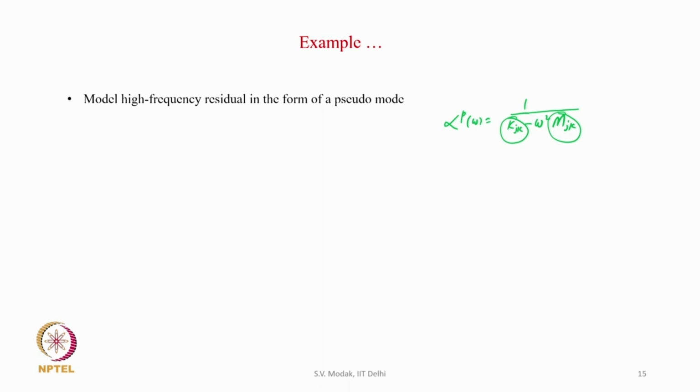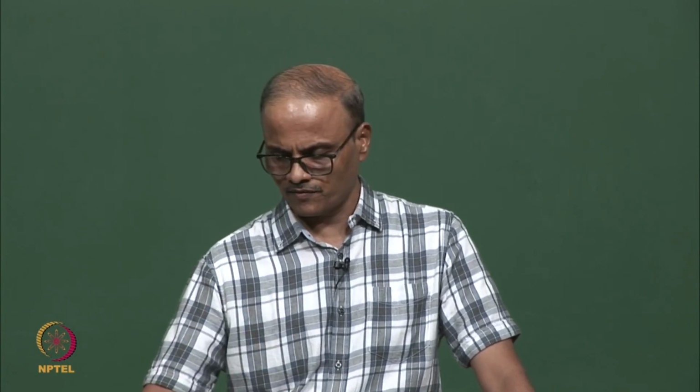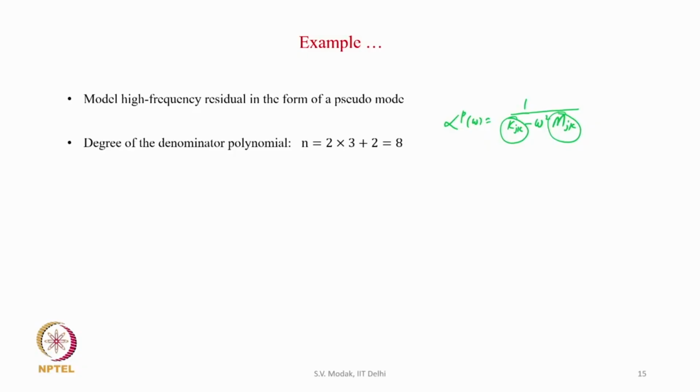Let us now look at what should be the degree of the numerator and the denominator polynomial of the rational fraction form of the FRF that we would like to fit onto the measured FRF. The degree of the denominator polynomial will be equal to 2 into 3 plus 2, because there are 3 modes we want to fit, so 2 into 3, plus 2. The plus 2 is needed to account for the high frequency residual.